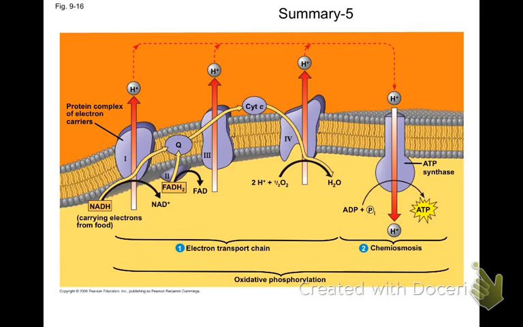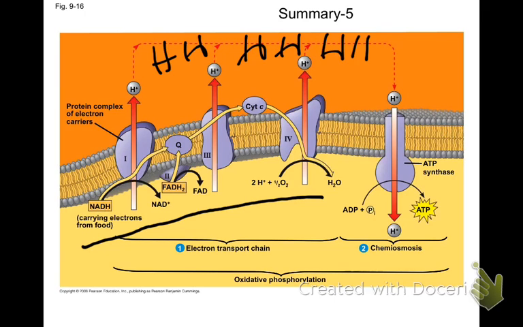This sums up the whole process of what is the electron transport chain and what is chemiosmosis. What I mean by that is your NADH starts on the inner mitochondrial membrane and starts to transport the electrons, throwing protons at every transfer, and there is a collection of protons outside because of that.